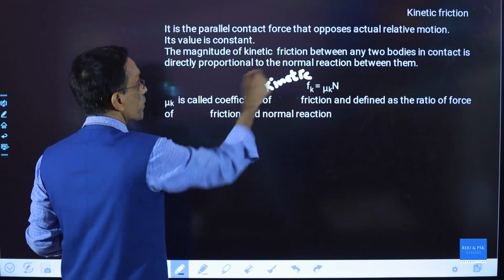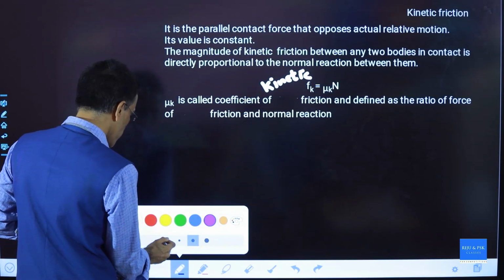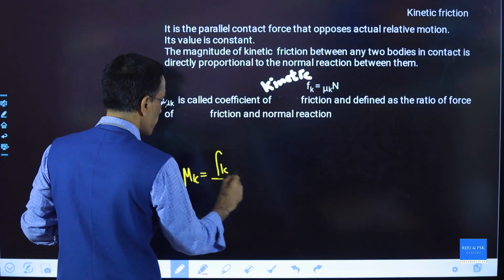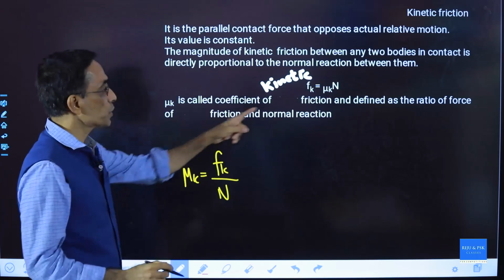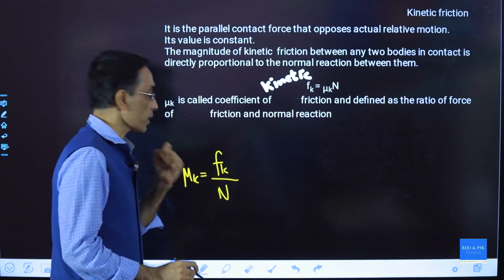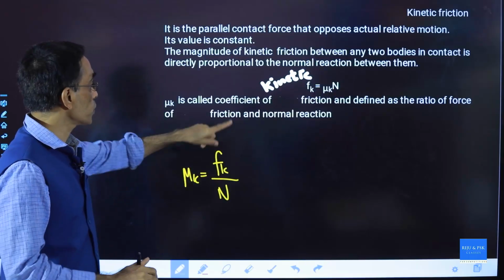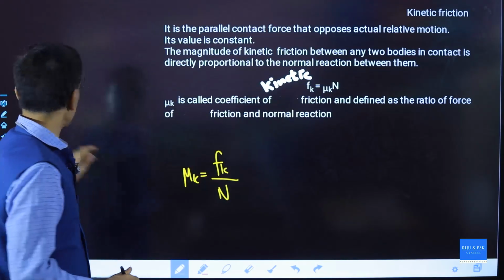Both must be kinetic friction. Okay. So, I can write the equation like this: mu k is equal to Fk by N, the ratio of kinetic friction and normal reaction. Okay. I was doing copy paste in my slides, that is why the mistake. So, both should be written as kinetic. Fine.